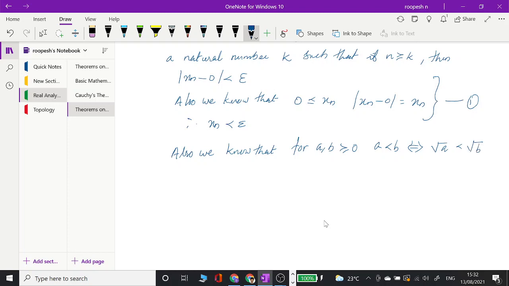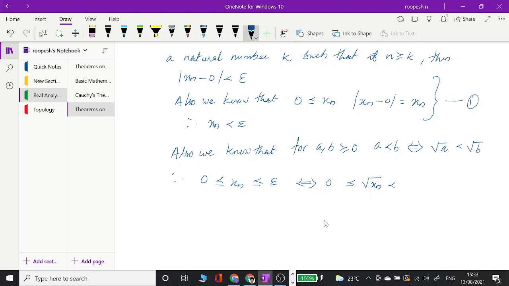This too we have studied by the previous theorem. Therefore 0 less than or equal to xn less than epsilon implies 0 less than or equal to square root of xn less than square root of epsilon.